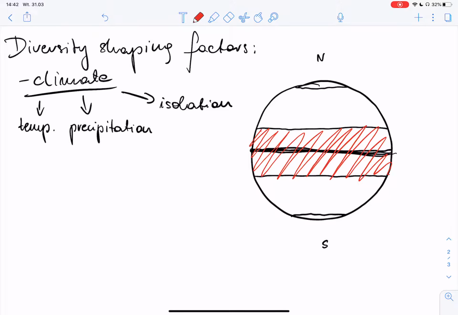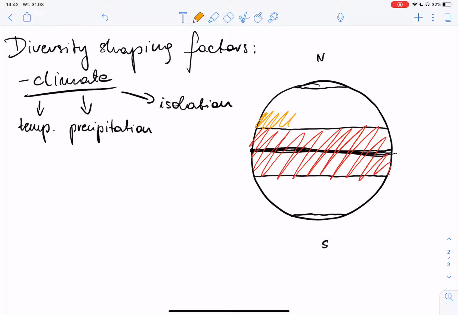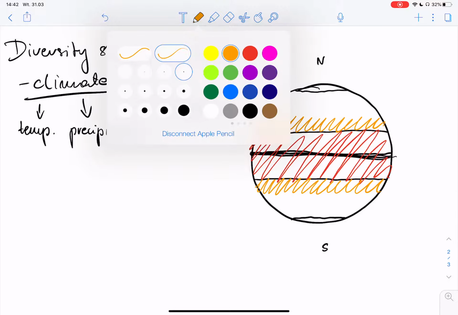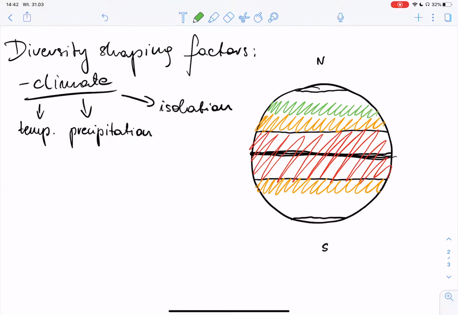The more you move towards the poles, the lower the diversity will be because of the climate, because of the lack of as much precipitation, lower temperature.